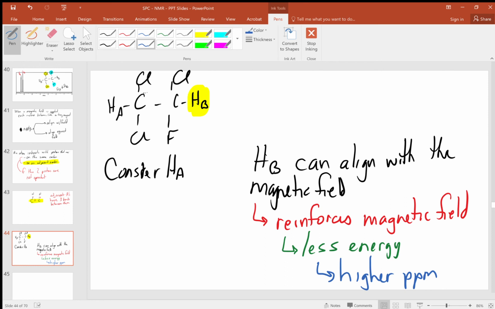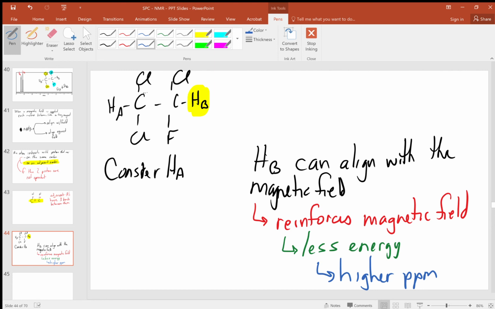So again, let's go back through this. HB is the adjacent proton to HA. If HB aligns with the magnetic field, which is one of its 2 options, it reinforces our magnetic field. If the magnetic field is reinforced, that requires less energy. And if it requires less energy, then we move to higher chemical shift.